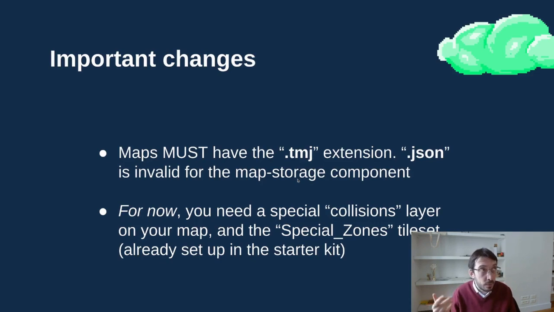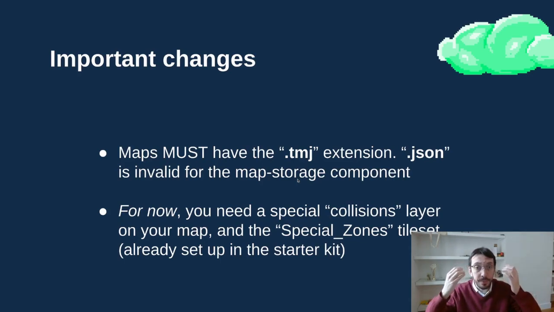Why are we doing that? Well, when you upload the map, you will get some kind of validation, and there are going to be a number of errors displayed if, for instance, there is a missing tile set, or if the floor layer is not available, stuff like that.